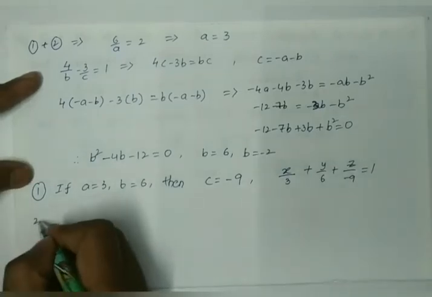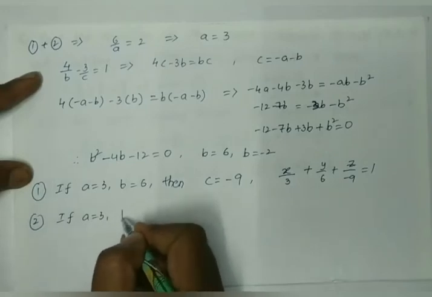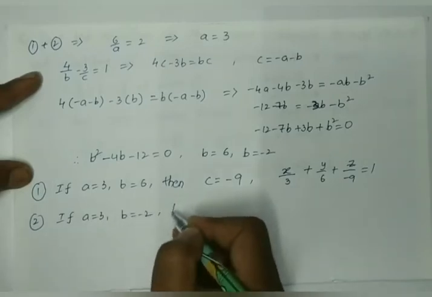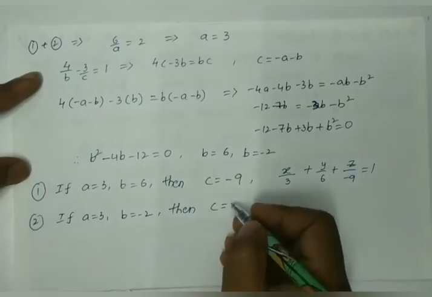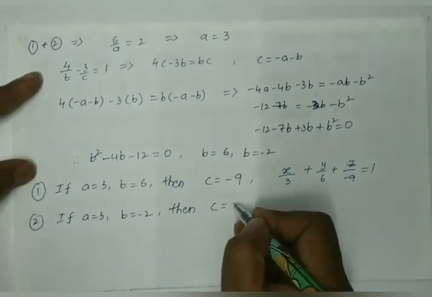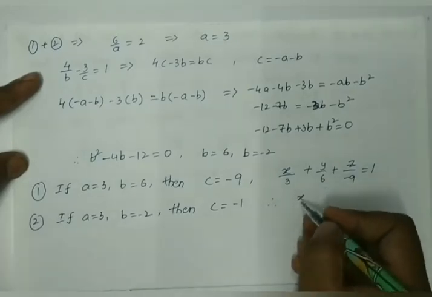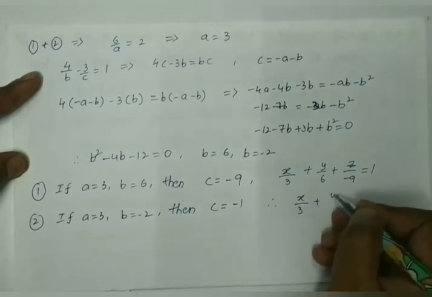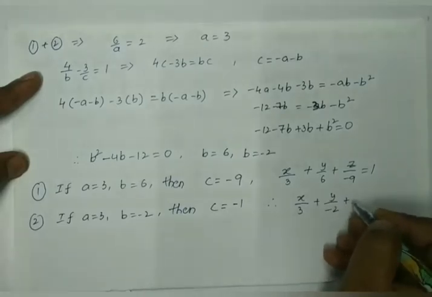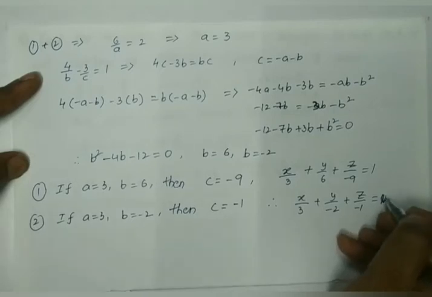Similarly, second case, if a is equal to 3 and b is equal to minus 2, then in this case c will be equal to minus 1. In this case the equation of the plane will be x by 3 plus y by minus 2 plus z by minus 1 is equal to 1.